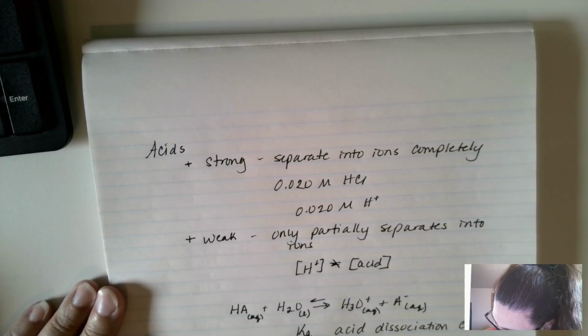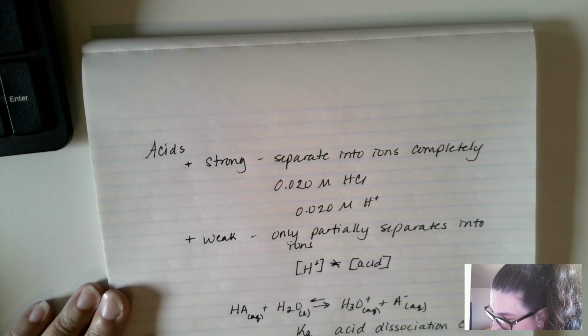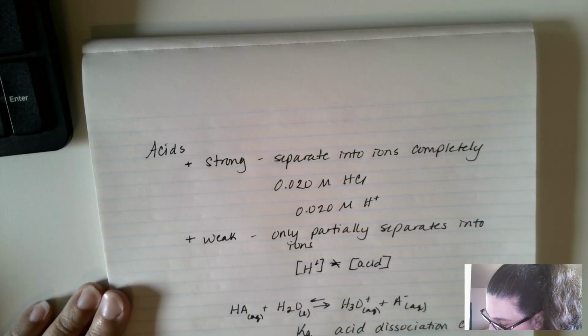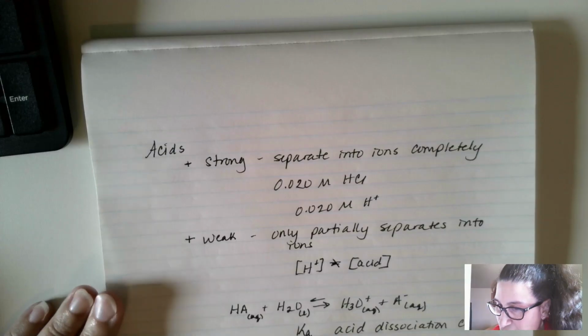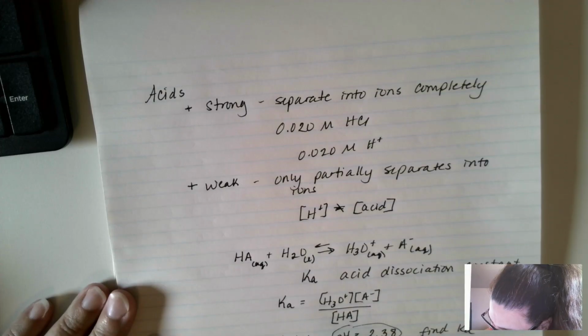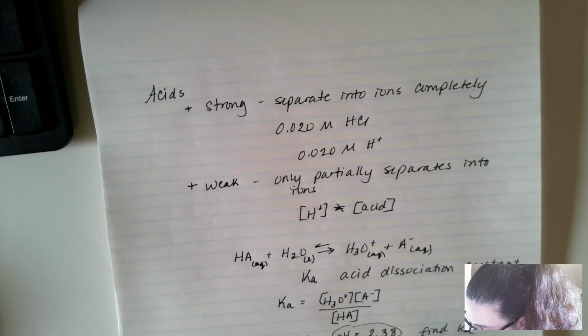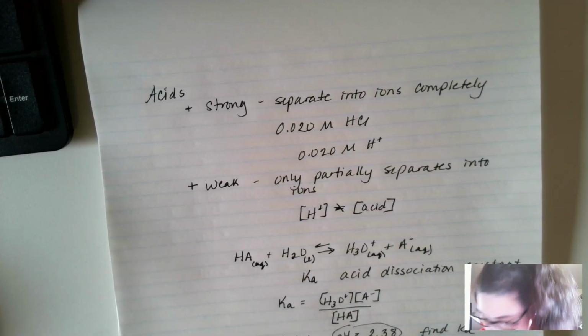This is initial, change, and equilibrium. Initially I have 0.10 of this, and I don't have anything of this, and the water doesn't matter because it's a pure liquid. I usually don't know how much ionizes in a problem, but in this case, since I know my pH, I can figure out the amount that ionizes. My H+ is equal to 10 to the negative pH, so 10 to the negative 2.38.